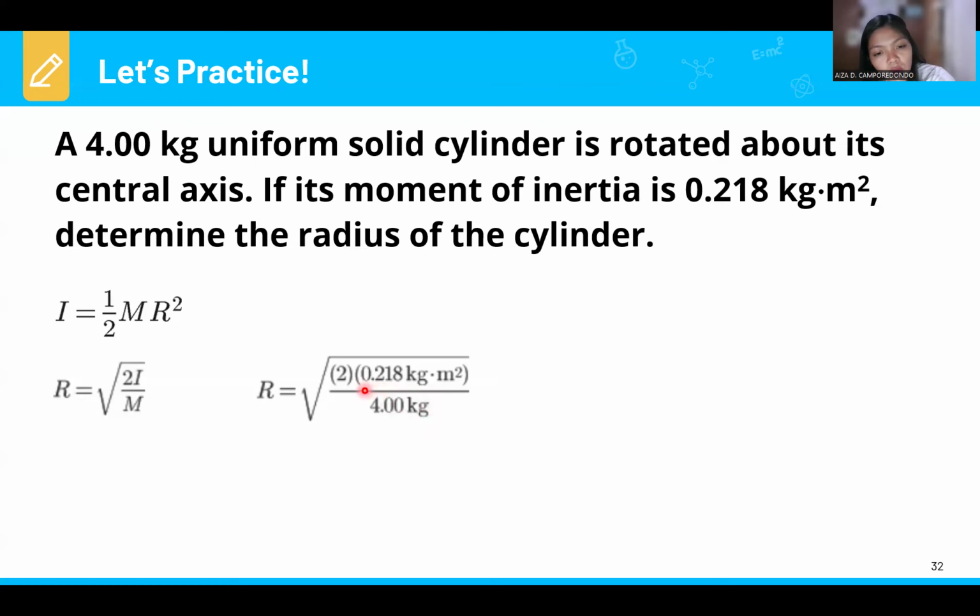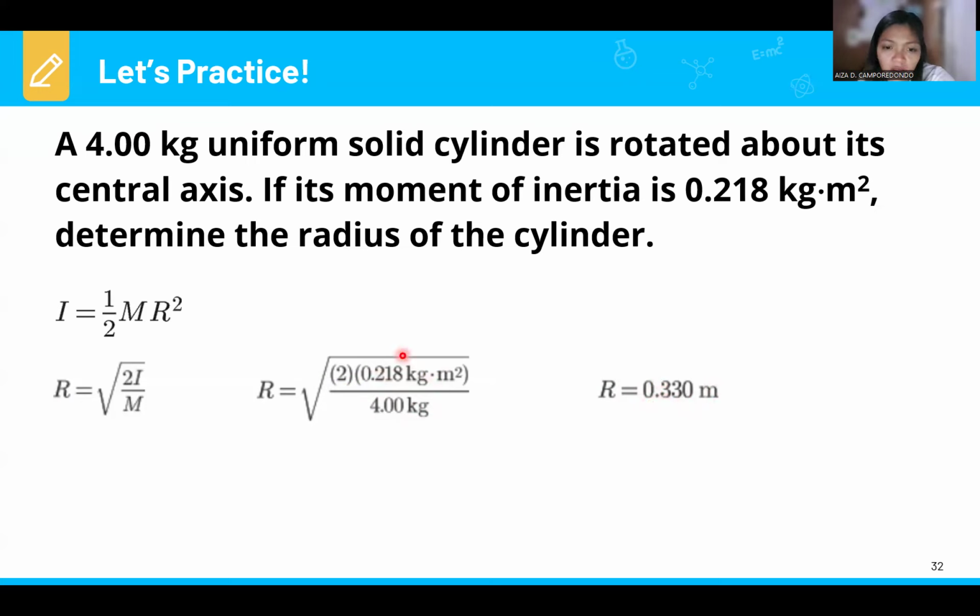Now, in this case, if we multiply 0.218 kilogram divided by 4.000, that square root will leave us with radius equals 0.330 meter. Why meter?